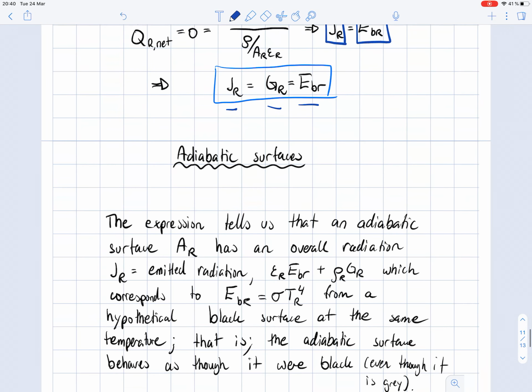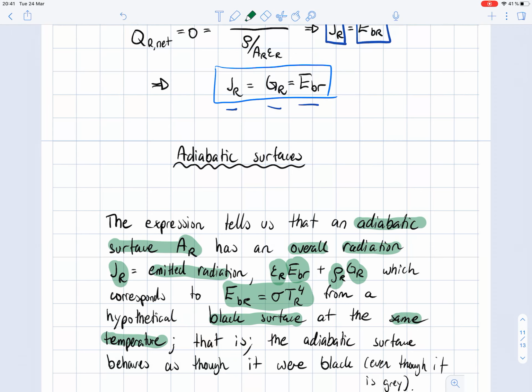So this expression tells us that an adiabatic surface, AR, has an overall radiation, JR, which is emitted, which is then again equal to epsilon R EBR plus rho R GR. This in total corresponds to EBR from a hypothetical black surface with the same temperature.